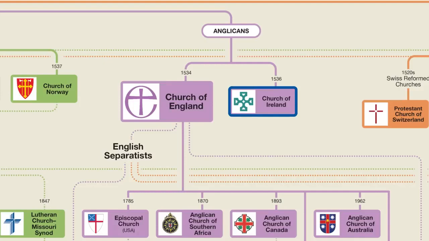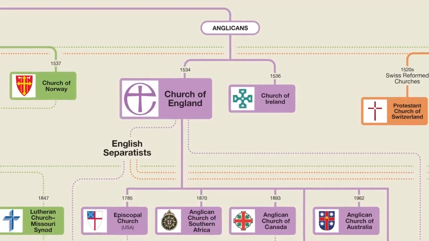Nowadays, most of Ireland is a republic, and there's no state church, and most of the Irish are still Catholics. Wales, by the 1500s, was simply a part of England, so they came under the Church of England. Although I should point out that in 1920, an independent church in Wales was formed. When it comes to Scotland, well, that's actually a whole other story, which we'll get to in a bit.